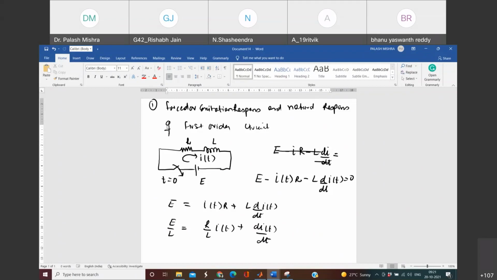So you can denote E by L and R by L as constant values. E by L equals A times i(t) plus di by dt, where A is a constant. Please write this down in your notes.